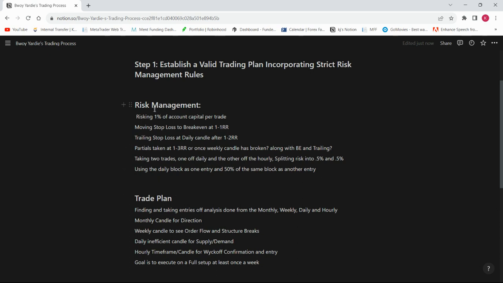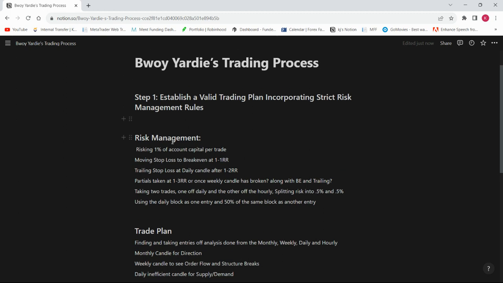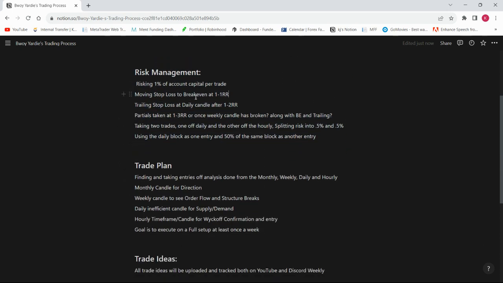So, having created a plan or a full process that I'm comfortable with, incorporating the risk management side of things, how I plan to manage trades as I enter them with a break even, the trail, the partials, trying to see how much I can work on that, especially the risk aspect in terms of how much I'm risking per trade.